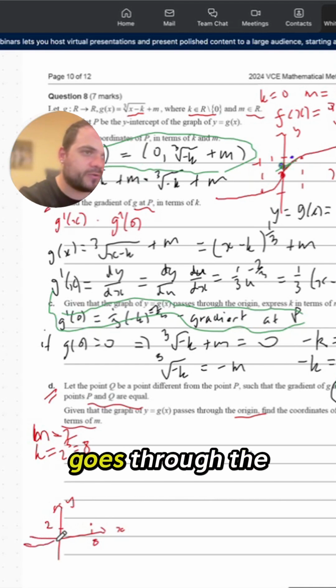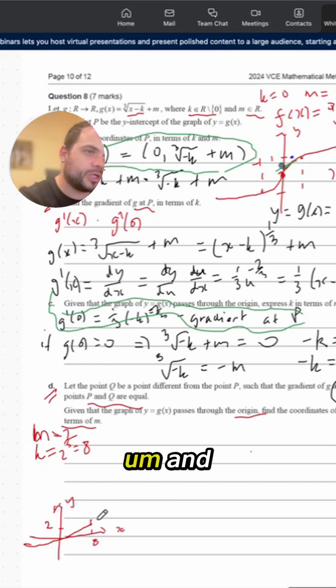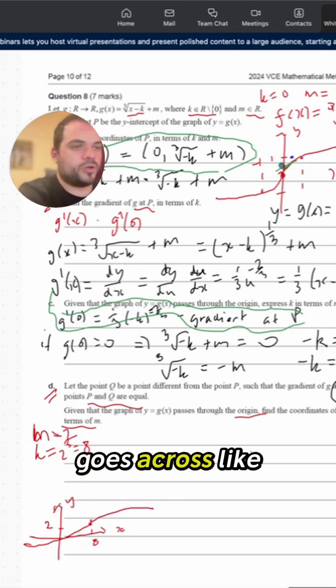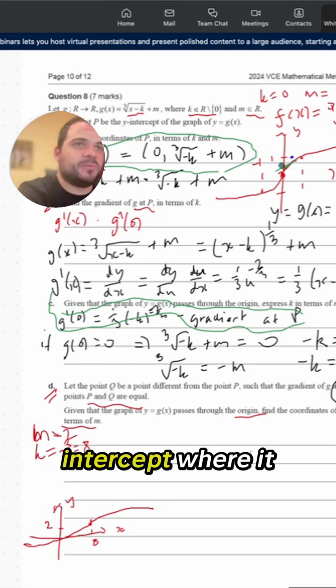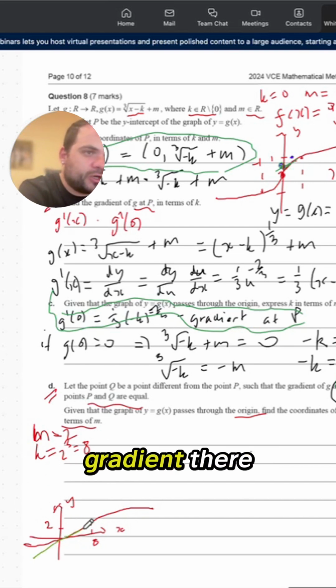And this graph goes through the origin, and then goes across like this. So point P is the y-axis intercept, where it goes through the origin, and we can see that we've got a certain gradient there.